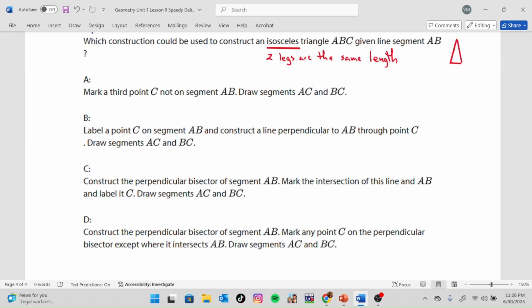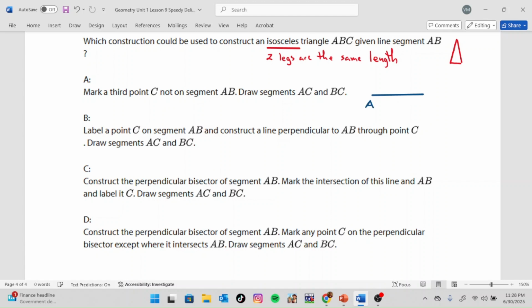Mark a third point C, not on the segment AB. Draw segments AC and BC. So let's try that. Let's draw a random line segment.